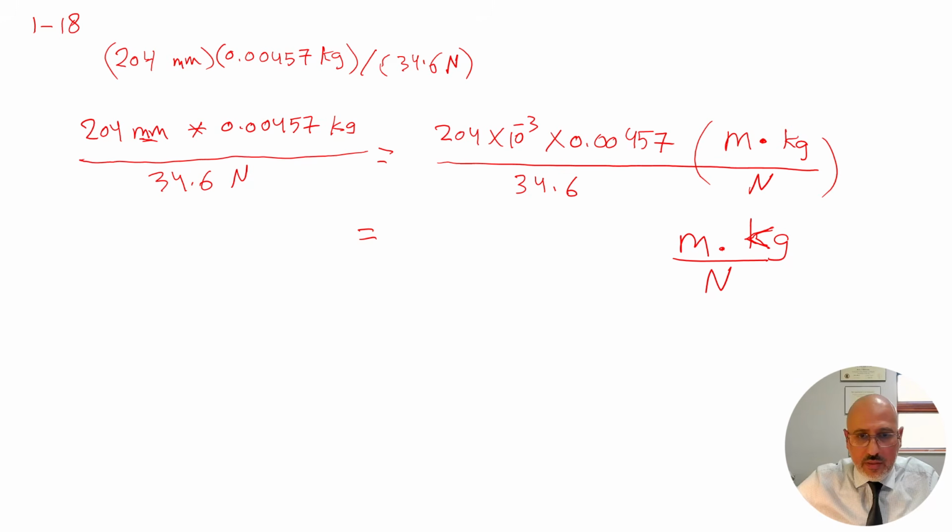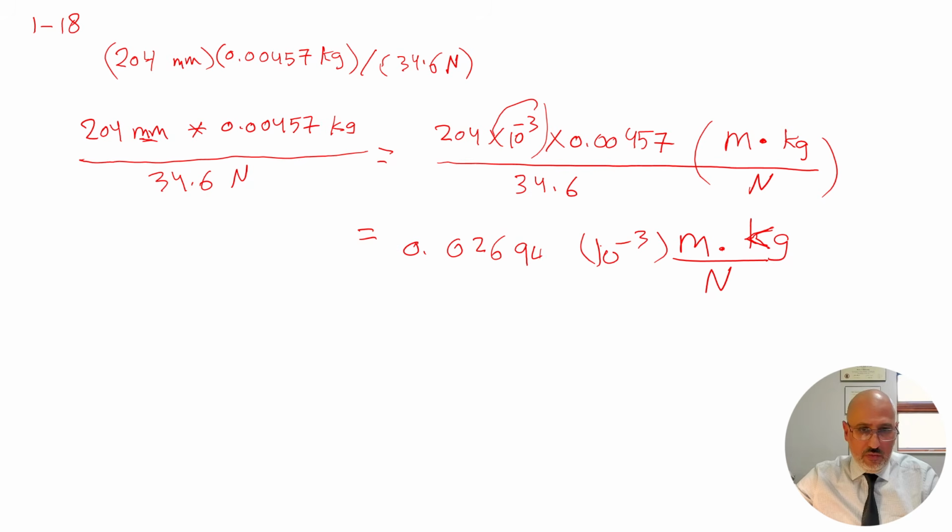So I will say that this is 10 to the power minus 3, right? It's this one here. And if you do the calculations for the other numbers, you'll end up with this one here. So you will see 0.0269, say 44, right?